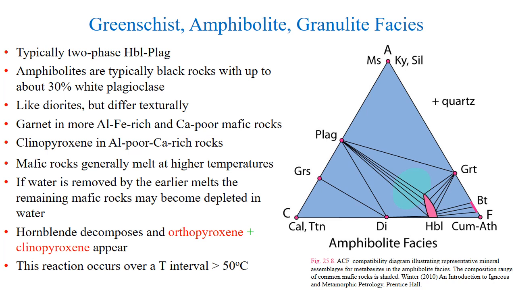Figure 25.8 is the ACF diagram for metabasalts in the amphibolite facies, illustrating the typical assemblage in the shaded area. Because hornblende is a solid solution series, much of the compositional area for the mafic rocks is within the two-phase hornblende plus plagioclase field. The transition from amphibolite to granulite occurs somewhere between 650 and 850 degrees Celsius.